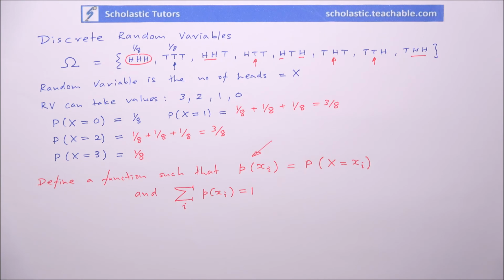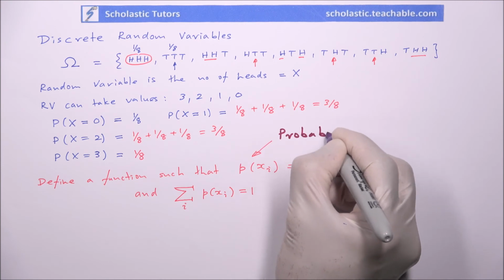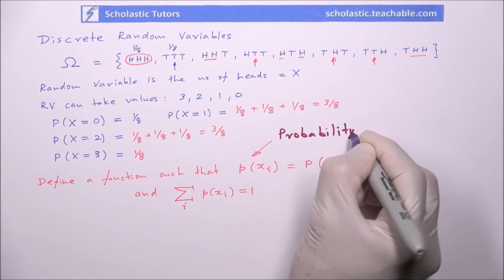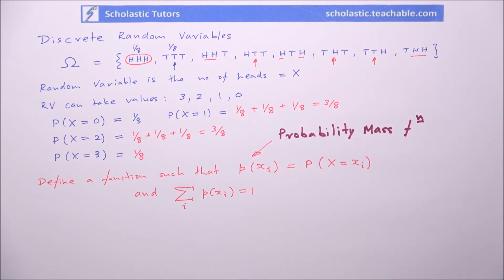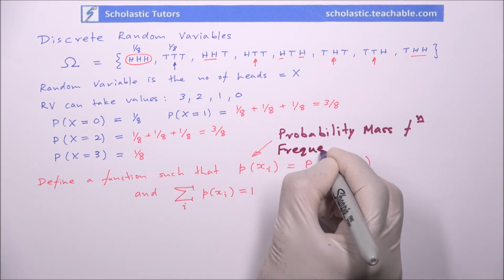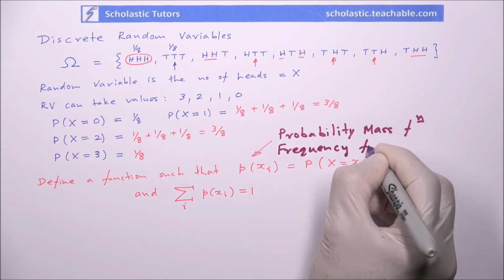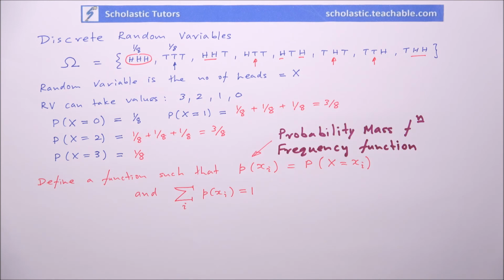It's a very important term here, probability mass function. It's a little bit long a word, but still quite frequently used. Sometimes we call it the frequency function. It's quite often used in data analytics.